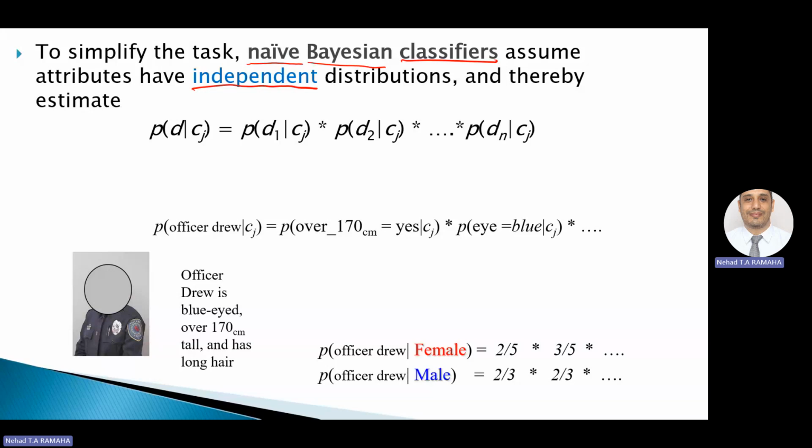But here we consider each feature independent. That's why it's not always accurate, it depends at the end on the probabilities. So on the classification, it's not 100% accurate.